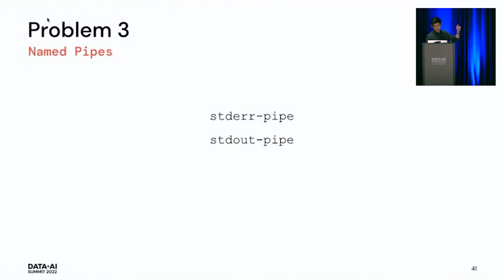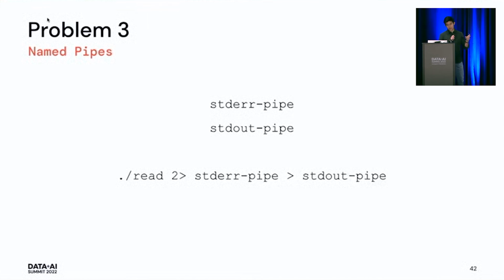Let's assume I create two named pipes, a standard error pipe and a standard out pipe. Using the Linux redirect operator, I can say, hey, read command, I want you to pipe your output streams into the standard error pipe and standard out pipe accordingly in the main container.